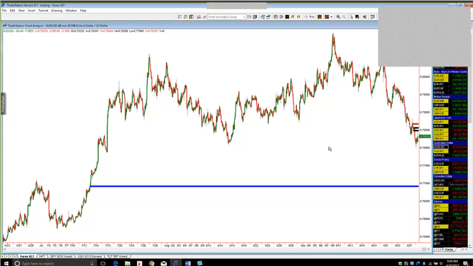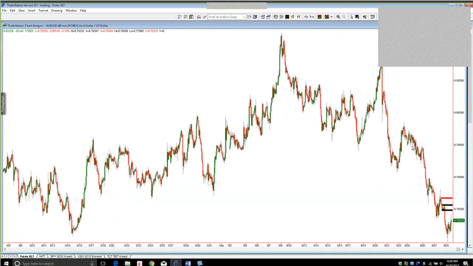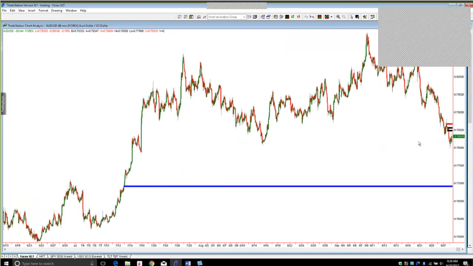All right, now when we look at it, what looked like a big stop really isn't that big of a stop at all.